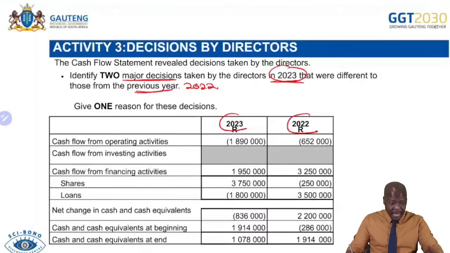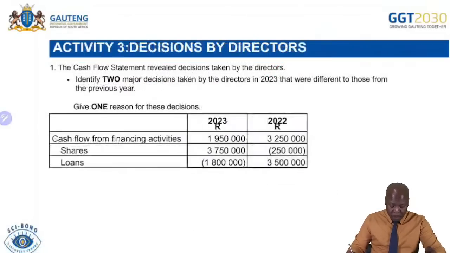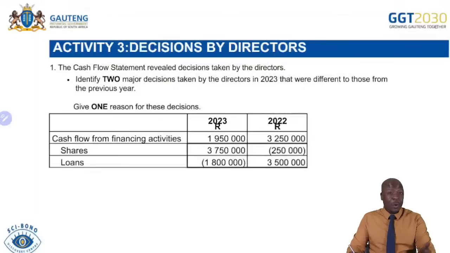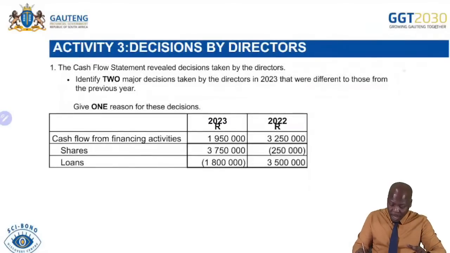So let us begin with the first part. We're going to look at our cash flow from financing activities. You have to understand that when you get to the cash flow from financing activities, you will get mainly two things. Number one, it's going to be your shares and it's going to be your loans.